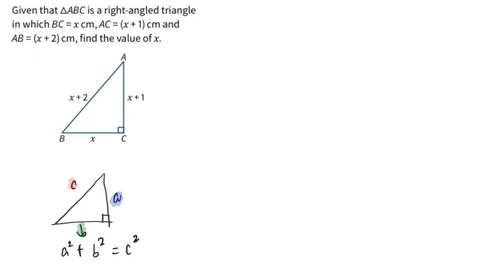And that is what we can apply in this particular question. This will be my A, this will be my B, and this will be my C. And I can form an equation from here.